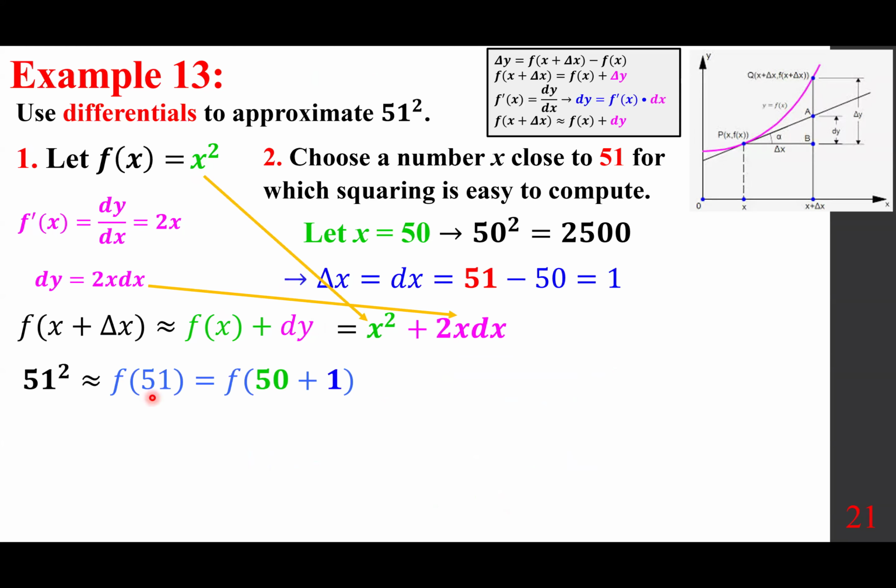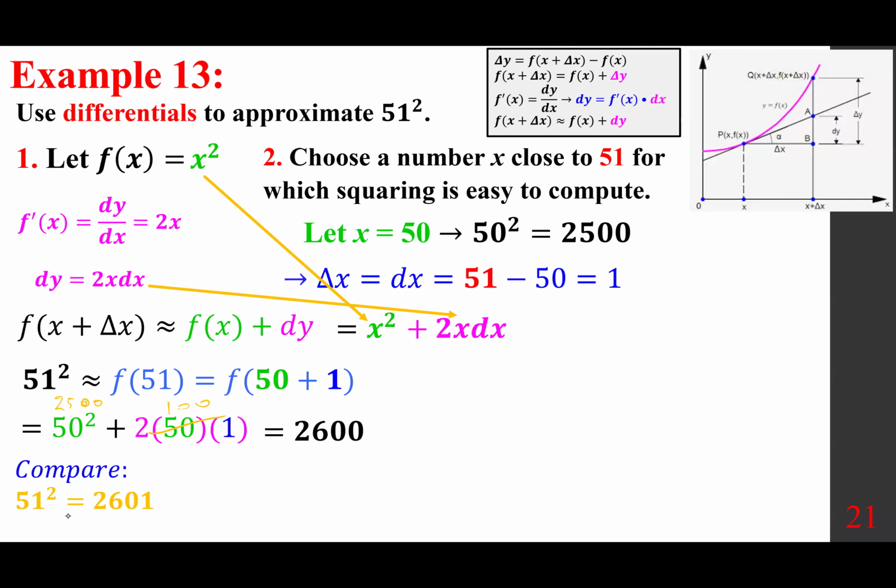That means you want f of 51. That means f of 50 plus 1, which clearly indicates x is 50, delta x is 1, and plug in. So this is 2,500 plus 100 is 2,600.